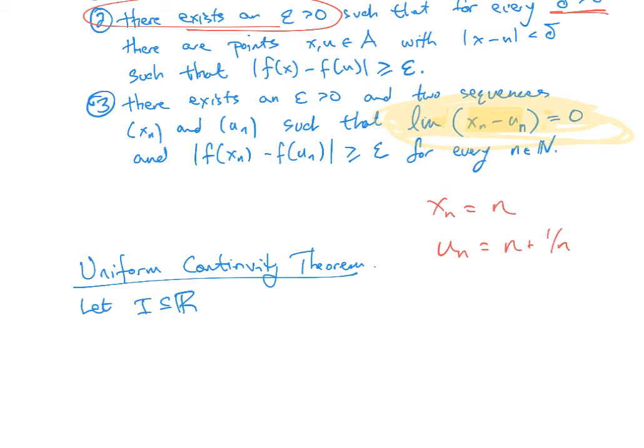Let I be a subset of the real numbers, and you probably know what's coming because I used the letter I. It's going to be an interval. But more than that, it's going to be a closed and bounded interval.